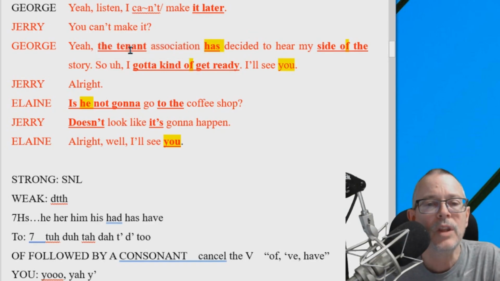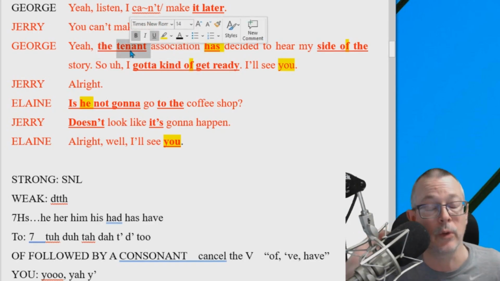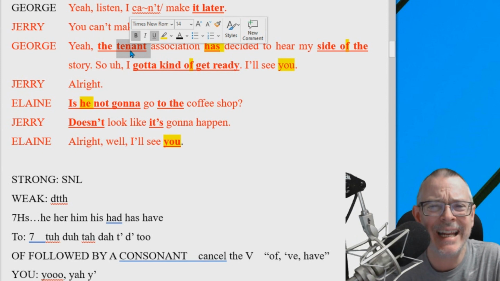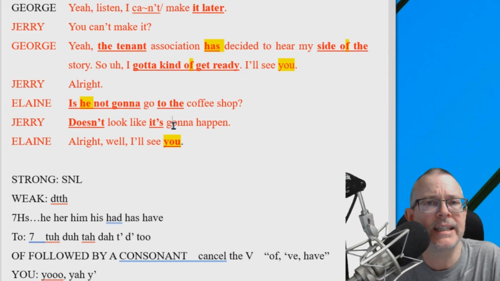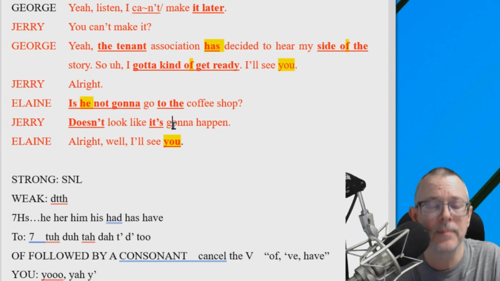Now, we've talked about this twice already. And I told you, "tenant," is that a common word? Not really, right? So we don't have to finish the T in "tenant," but we should probably stop the T. But we stop it, okay? Because it's not a common word.